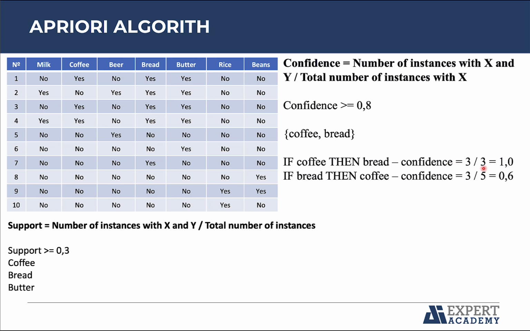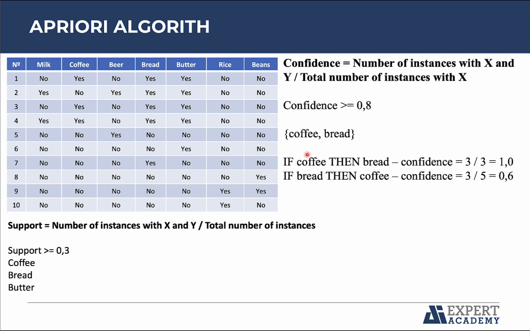3 divided by total number of instances with X. X is the first product in the rule. In this case, it is coffee. We can see here 1, 2, 3, or in other words, the support for product coffee. 3 divided by 3 is equal to 100%.